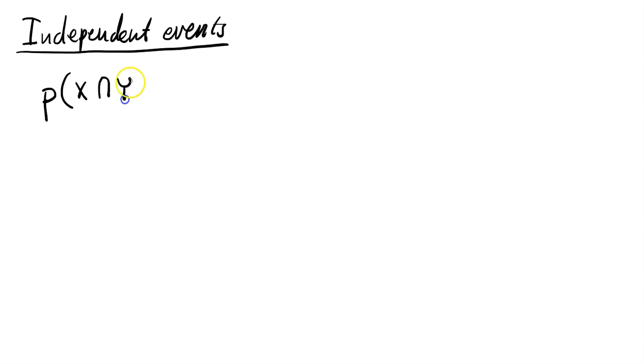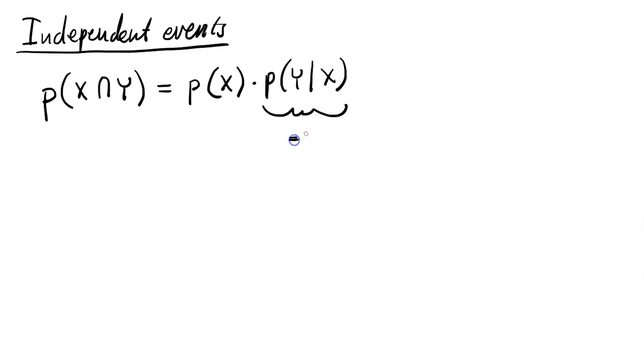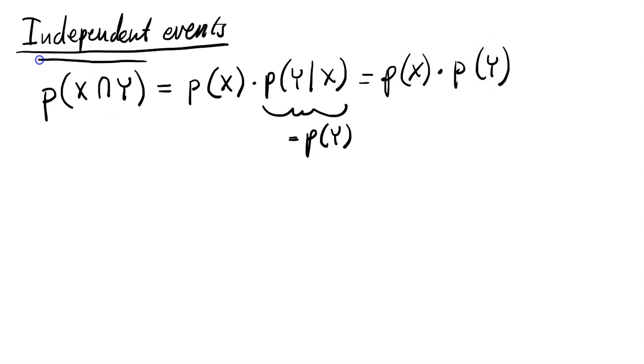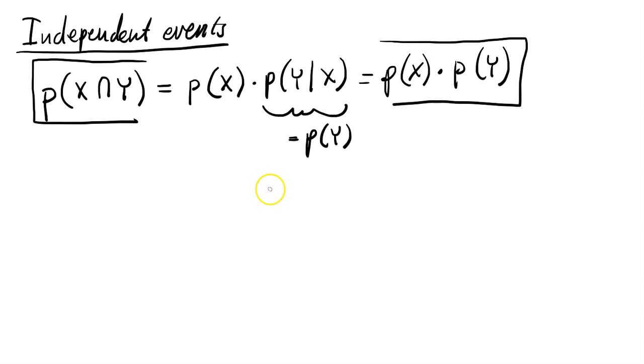So if you have x and y, according to the multiplication rule, we have this. But if we know now that x and y are independent events, then this part is just p of y, because it doesn't matter on x. So for independent events, these two probabilities are the same. So in this case, we can just write this as this. So this multiplication rule simplifies to this if the events are independent.